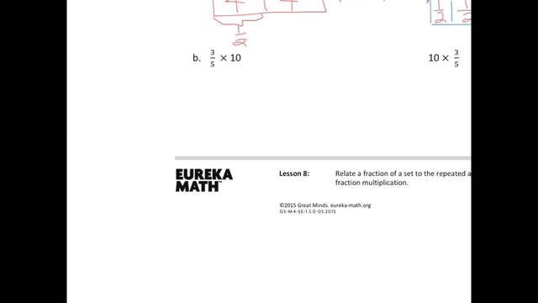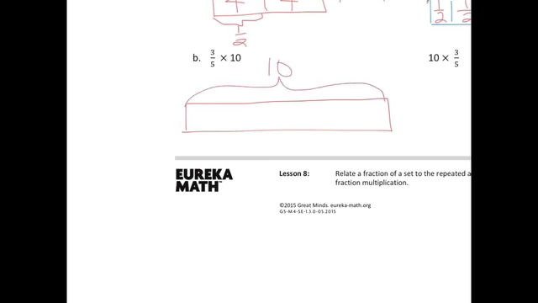All right, we're going to go ahead and model 3/5 times 10 as a fraction of a set. So that means that we're going to have the 10 up on the top, and we're going to break up our model into 5 equal pieces.